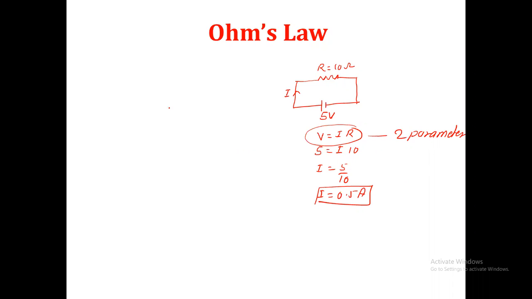Once again, let me give another example. Suppose this is a filament lamp. Or better, you can consider an LED. Is it right? And here we have connected this LED to 1.5 volt.